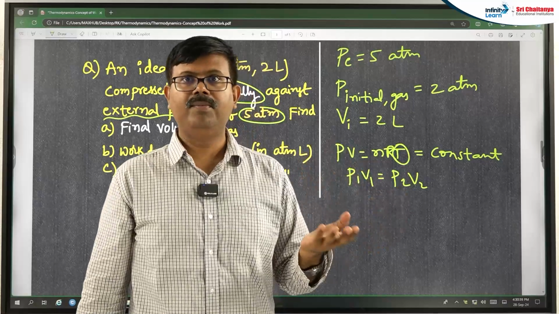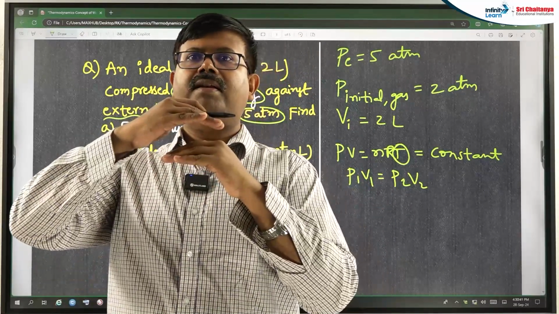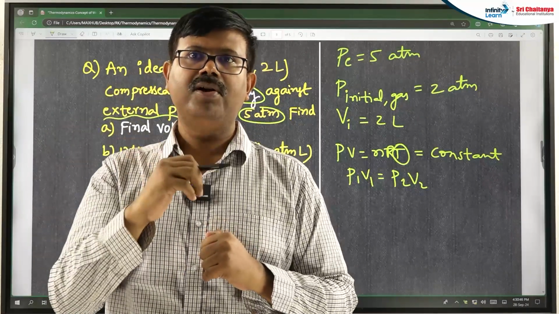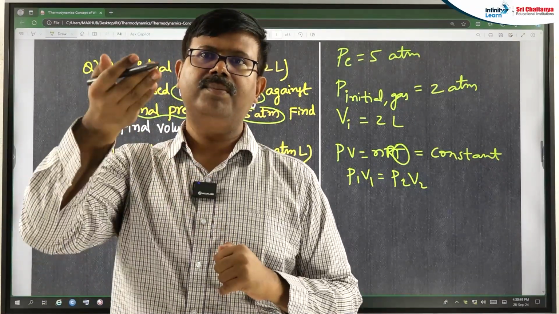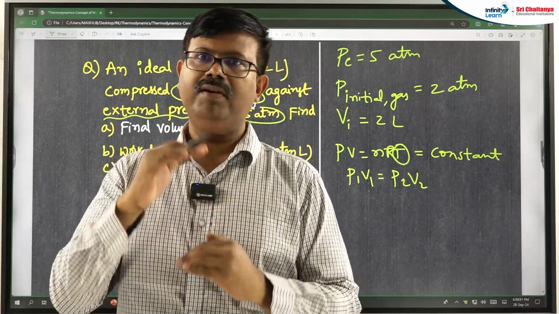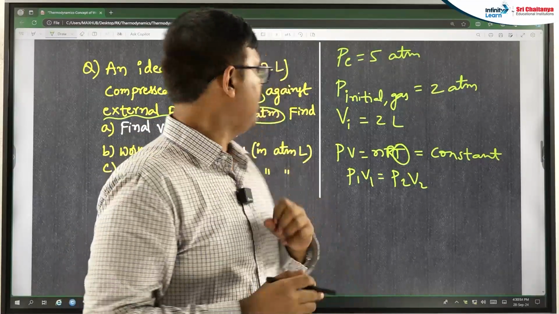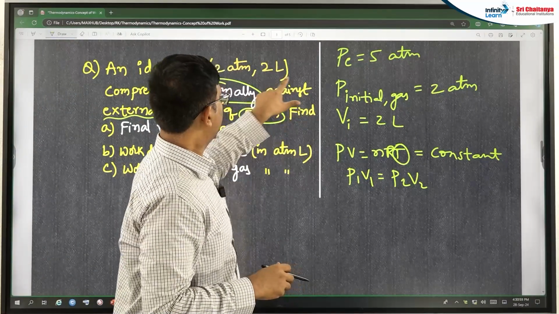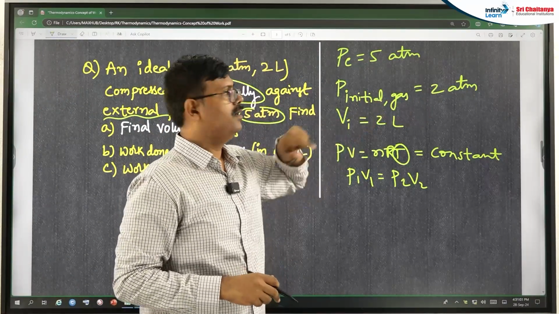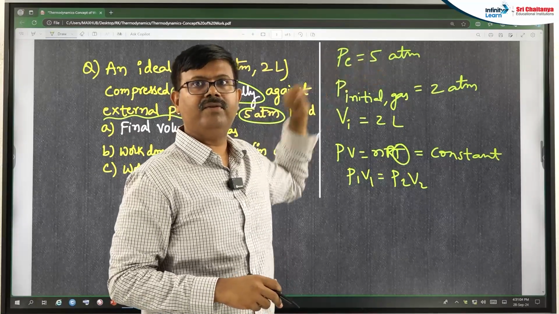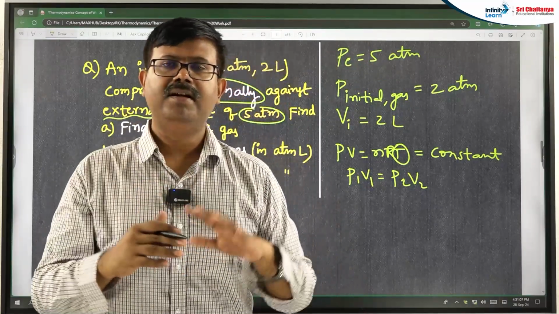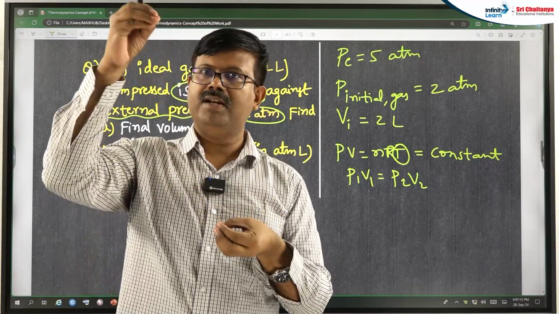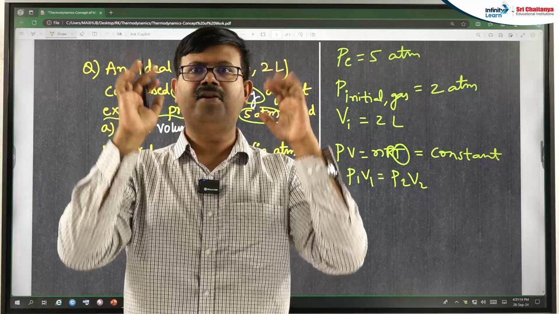Listen, in the previous problem we discussed that when the piston is going outward, finally it comes to a stop. When internal pressure and external pressure match, then only it will stop. In the same manner, initial pressure is 2 atm. External pressure is 5. So the gas is compressed and finally, when the internal pressure of the gas also becomes the external value, that is 5 atm, it will stop.